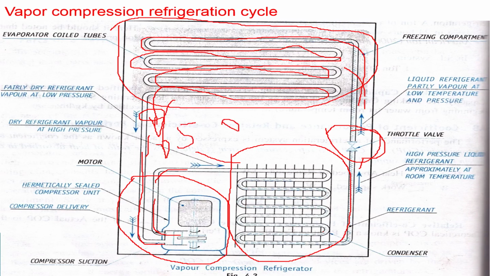In that case, when this is at 0 degree, it cannot reject heat to the atmosphere which is at 30 degree or 20 degree. Then this 5 degree or 0 degree refrigerant is to be raised above the atmospheric, it should be above 30, it may be 60, 70, 80 degrees Celsius, so that when it is exposed to atmosphere, it loses the heat to the atmosphere.